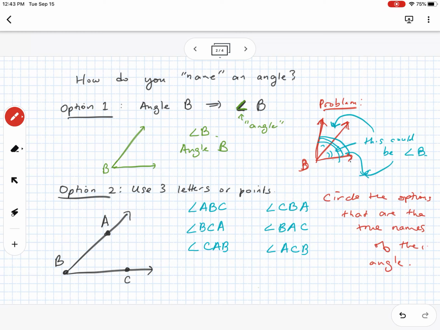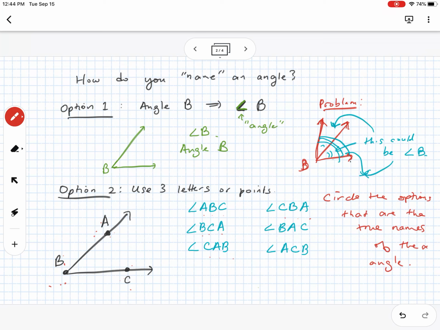of the angle. As we glance at this, A is here, B is here, C is here, so that looks okay. Then I notice the order in BCA: BC, and then I'm jumping over to A. And then CAB, I'm here, and then I jump over to A, and I go to B. With CBA, I start at C, work my way backwards, and go here.